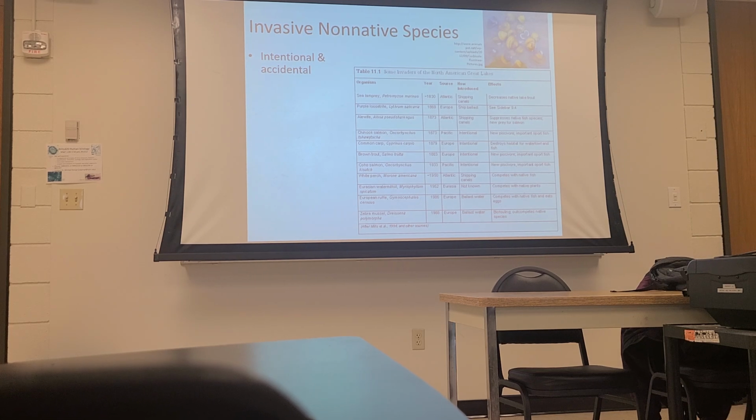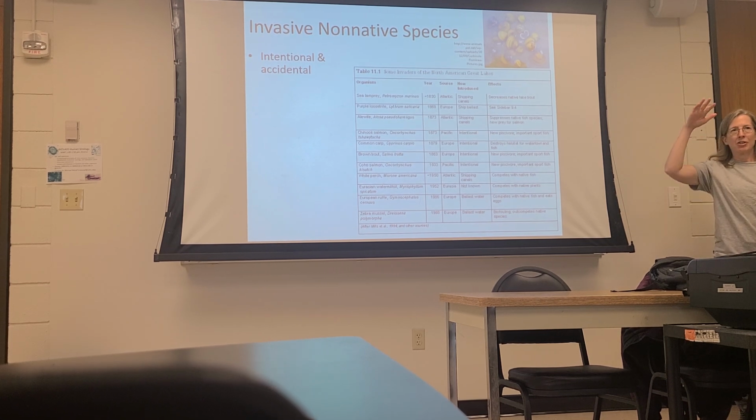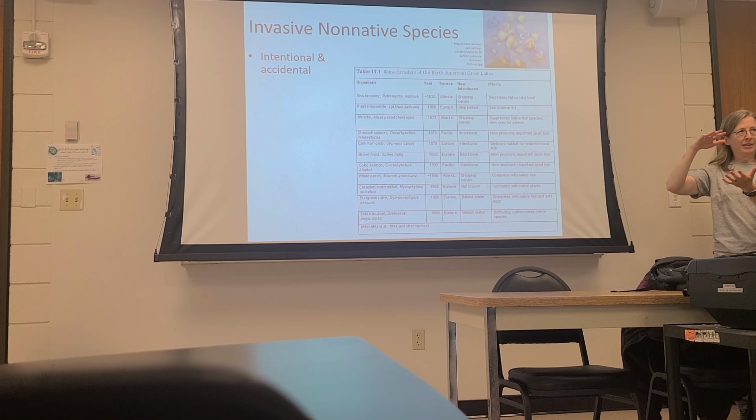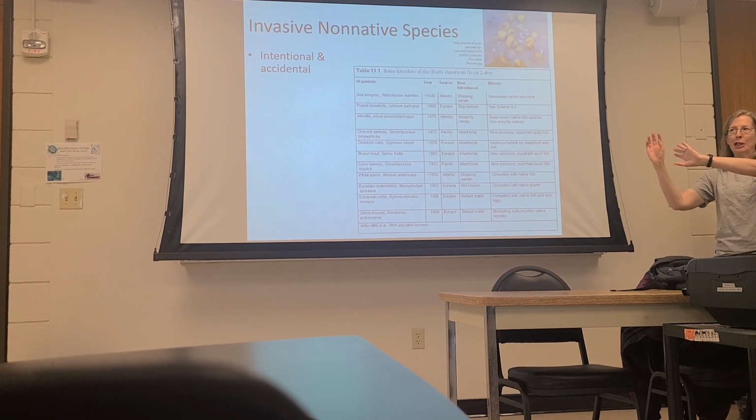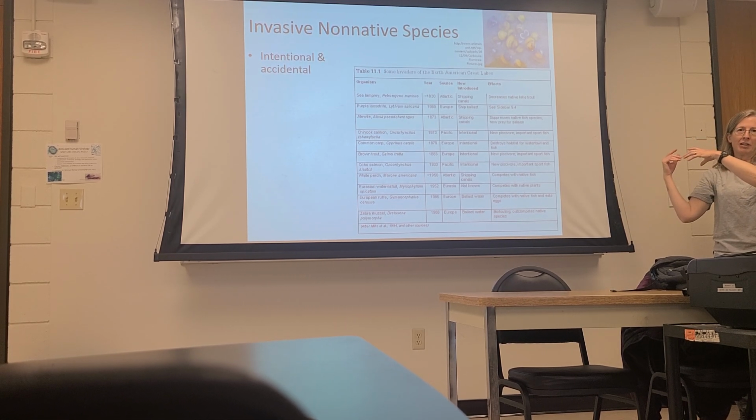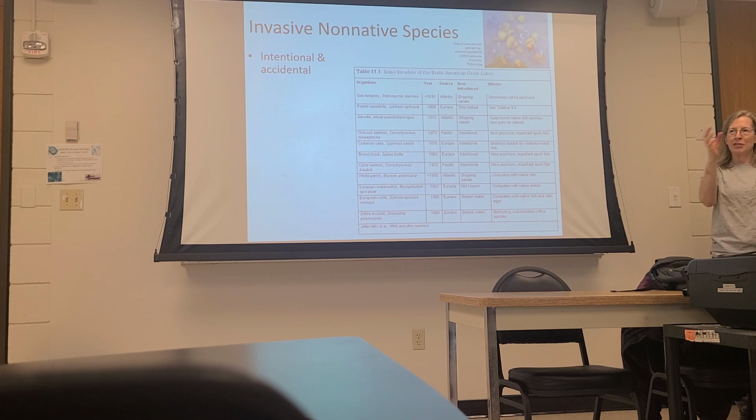We've got accidental introductions. There's a bunch that have been introduced to the Great Lakes through ballast water in ships. Ships need to have a certain amount of weight on them so that they're stable in the water. If they're too light, they'll ride too high, and if they're too heavy, they'll sink. So if you've got a ship that maybe doesn't have a big load and it's in Europe, it'll take water from where it is into the hull, and then travel somewhere else.